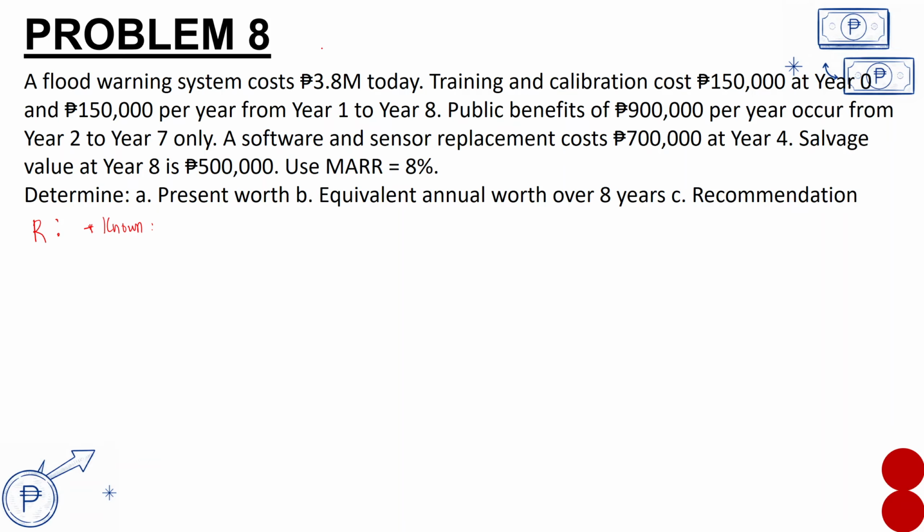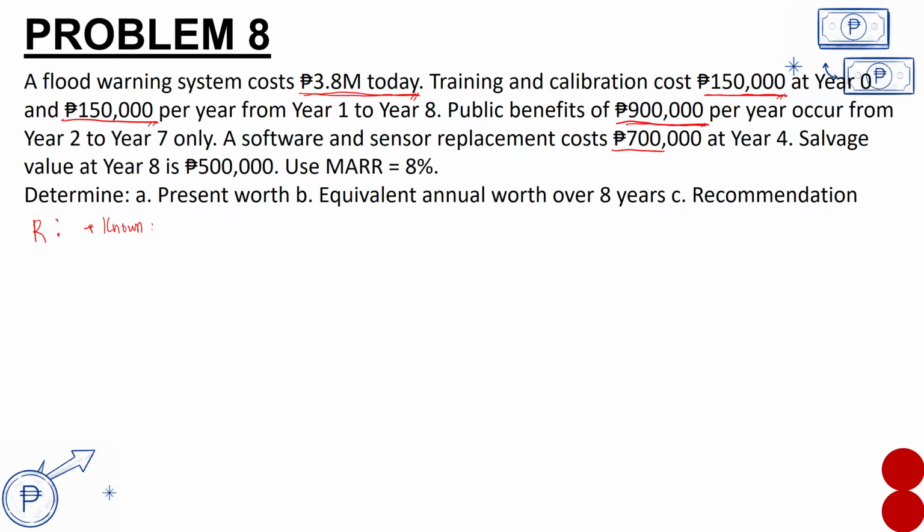In this problem, we have 3.8 million pesos. We also have 150,000 pesos. Another 150,000 pesos. And we have 900,000 pesos.